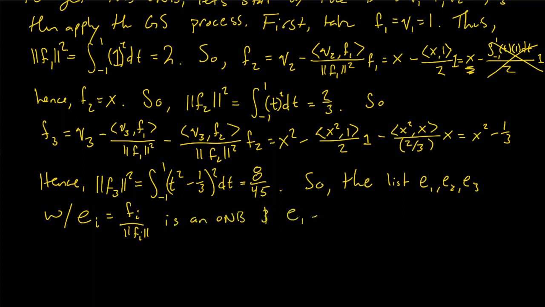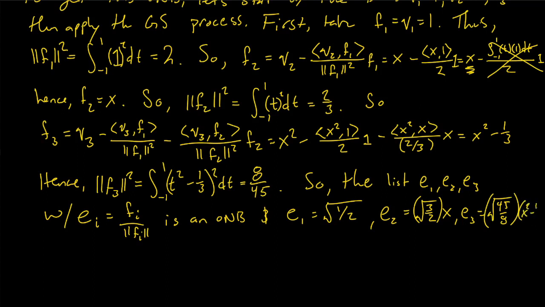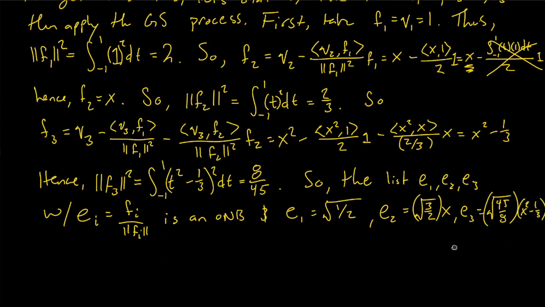E1 is equal to the square root of 1/2. E2 is equal to the square root of 3/2 times x. And E3 is equal to the square root of 45/8 times x squared minus 1/3. There you go.